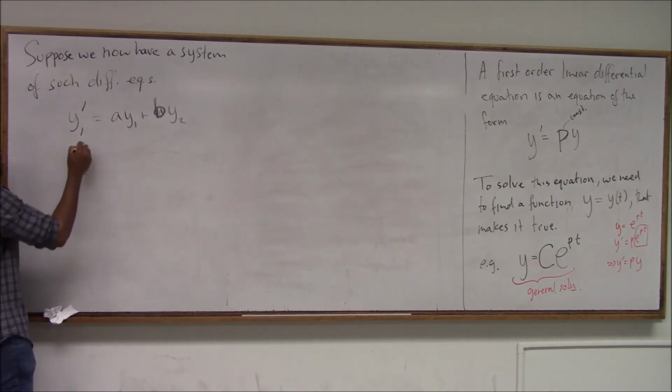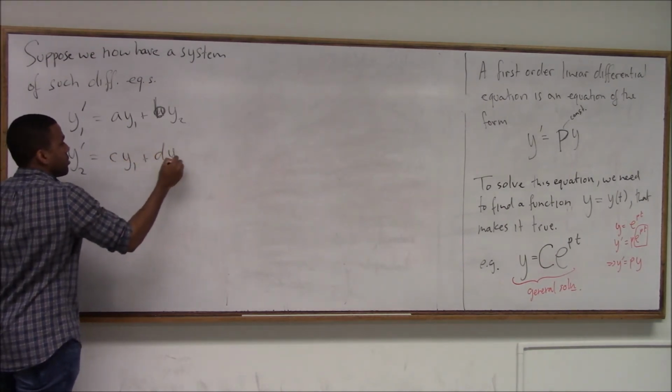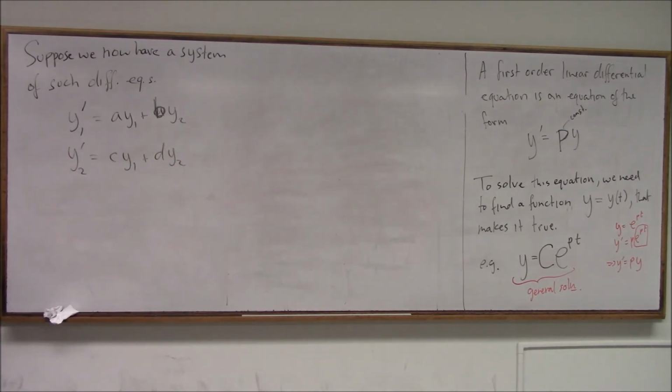And I can have another function y2, and its derivative I can express as a linear combination of the functions y1 and y2. So I have two quantities, and their derivatives can be expressed as a linear combination of the original quantities.